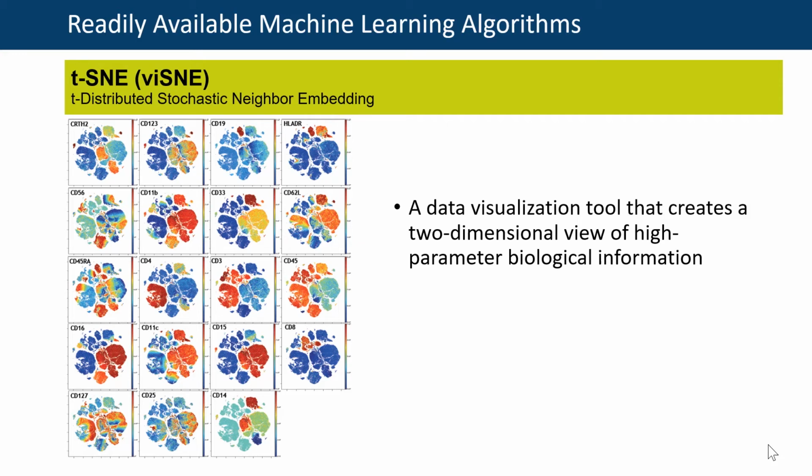So these are Visney maps that we ran, and you can see that each parameter has the same identical Visney map, except it's color-coded differently. So the color coding is going to help me identify expression among these different islands. And so now I can really easily identify co-expression across my entire data set.